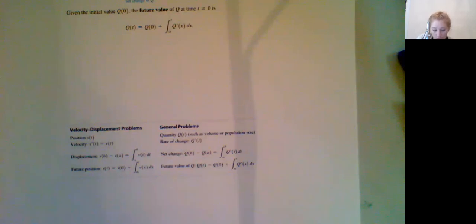Instead of velocity, we're going to say rate of change. Instead of displacement, we're going to say net change. Instead of future position, we're going to say future value. Nothing is really going to change except the fact that we are no longer doing just velocity and position. Let me show you what I mean.